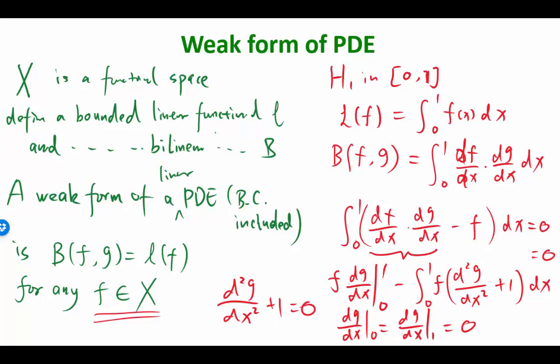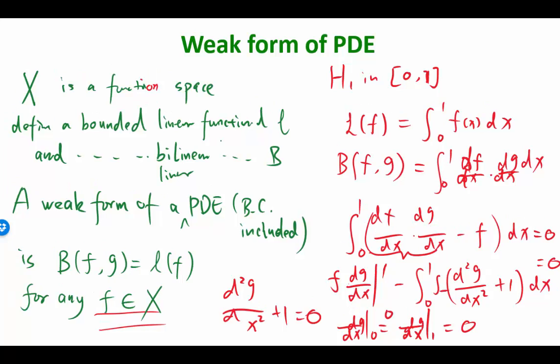If I do that, because my F is in that space, this boundary term disappears by itself without any requirement, right? And the boundary condition is enforced directly by the fact that G has to be in the function space. Any questions on this?